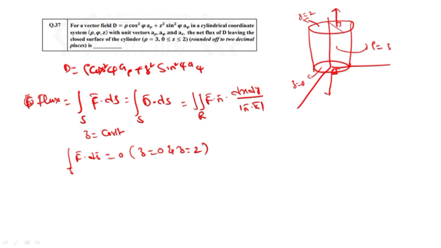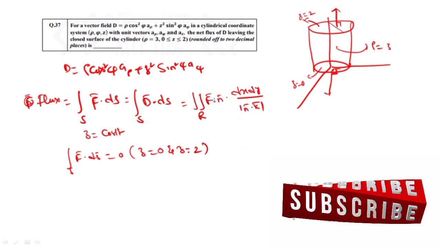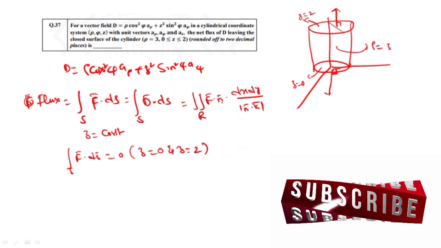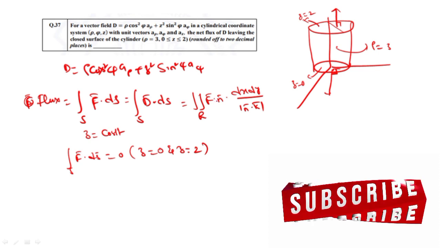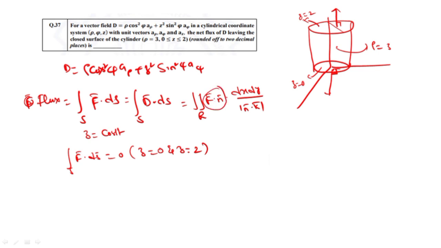The flux is perpendicular to this plane, so when taking the dot product F bar dot n bar, the dot product will be 0. The unit vector is perpendicular to F bar, so F bar dot n bar will be 0.